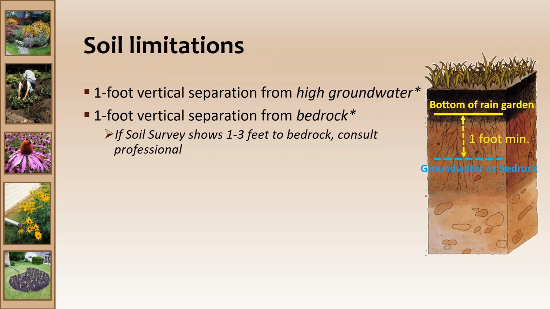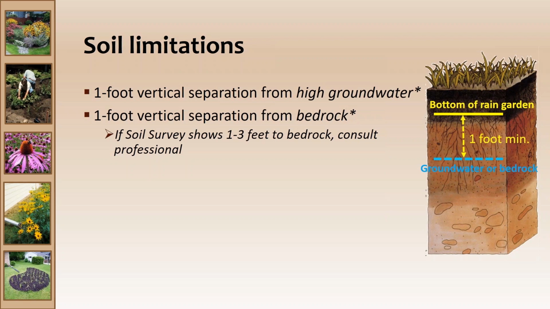And you might wonder, wow, that's not much of a separation distance, but remember, in this case, we're talking about targeting very clean water from roofs. So 1 foot of soil material can provide plenty of filtration for that kind of runoff.